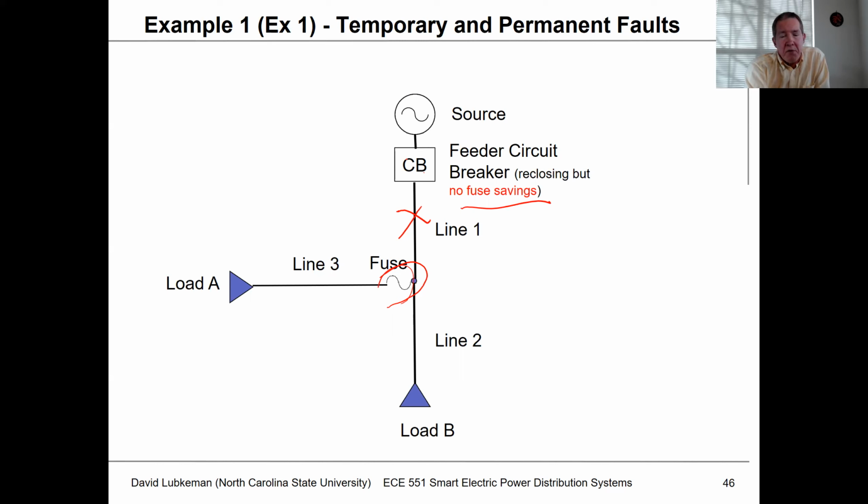But if I have a fault on line section number 3, even though it's temporary, that fuse is still going to blow, right? Because there's no fuse saving set up to coordinate the reclosing action of the circuit breaker with this fuse. So later on, we'll consider the fuse saving for this case, but now we'll just assume that we don't have any fuse saving.